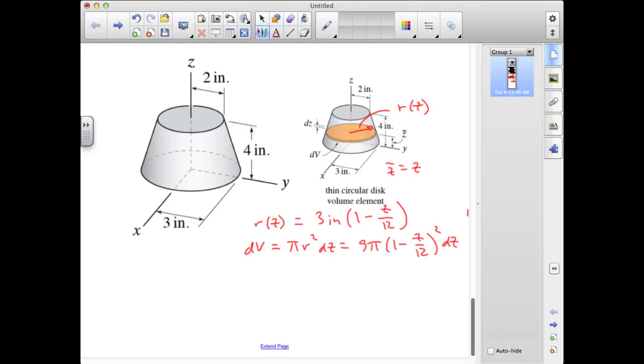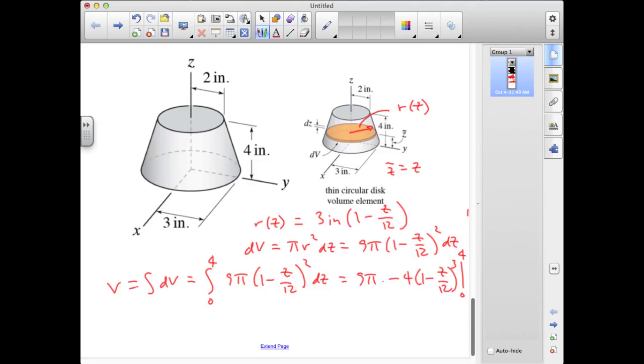So now we have two integrals to evaluate. One is just the volume, is the integral of dv. We're integrating over z from 0 to 4 inches. So this looks like the integral from 0 to 4 of 9 pi times 1 minus z over 12 squared dz. And we can show that that result is 9 pi times minus 4 quantity 1 minus z over 12 cubed, evaluated between these limits of 0 and 4.